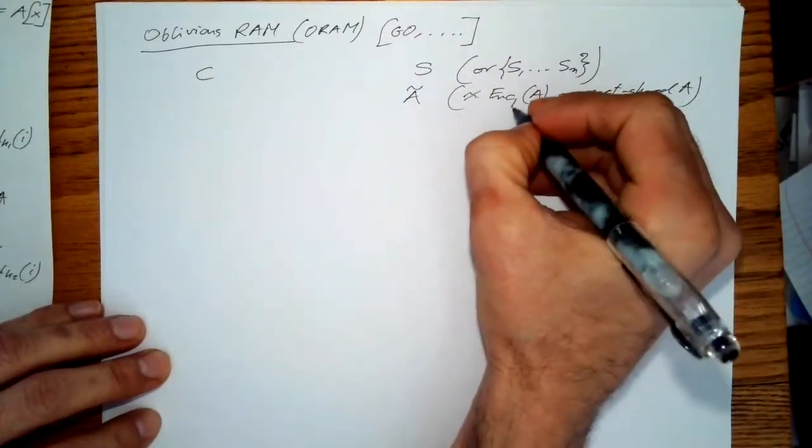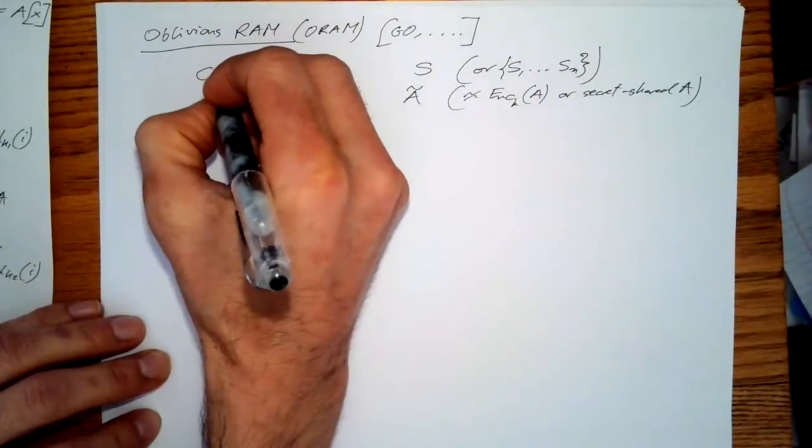And if it's encrypted, then it's encrypted under some key, and the client has the key.